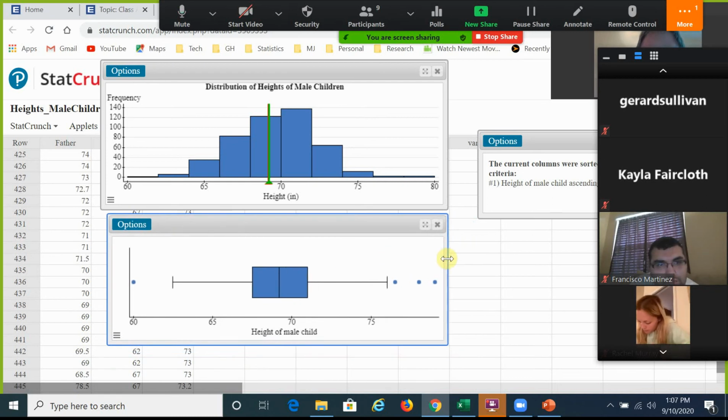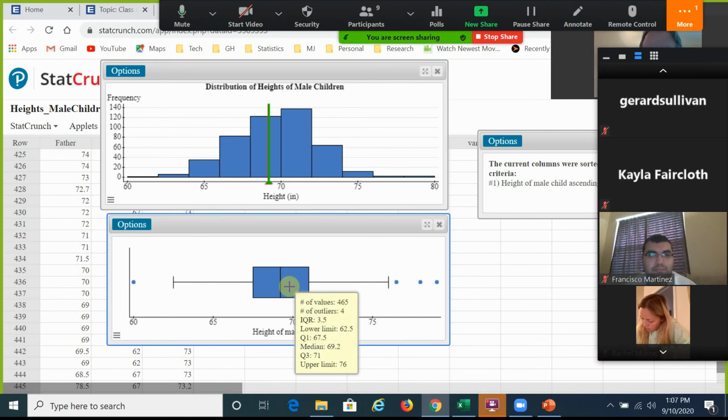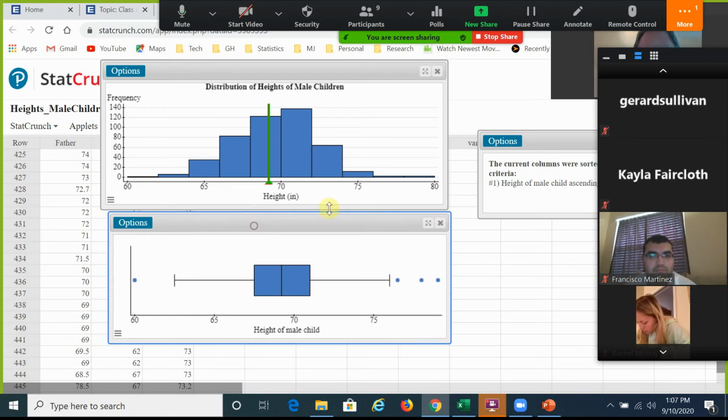In other words, 25% of the data is in the lower portion of the box, 25% is in the upper. The other thing we look for is the whiskers. When we have a skew, when we have a tail on one side, the whisker is longer, right? You don't see that here. These whiskers are relatively even. So this is strong evidence that this is a relatively symmetric data set.